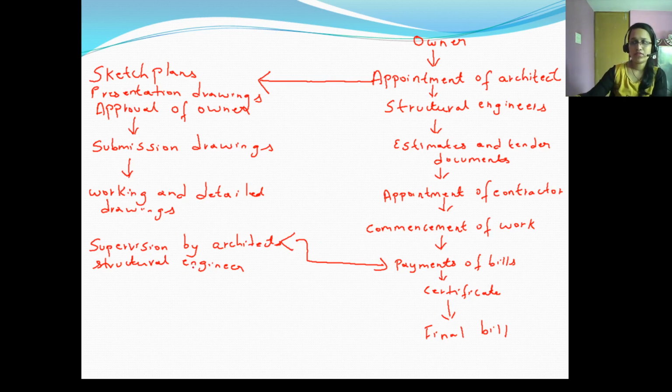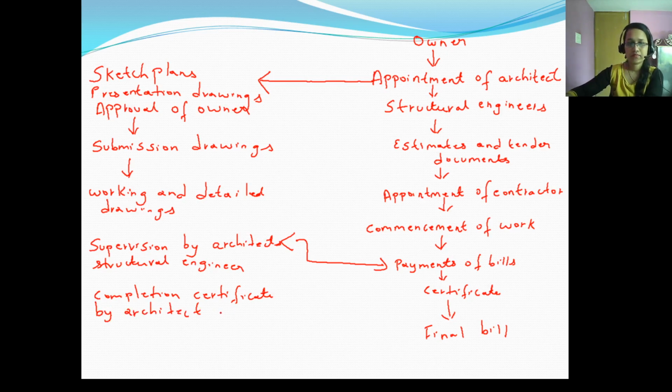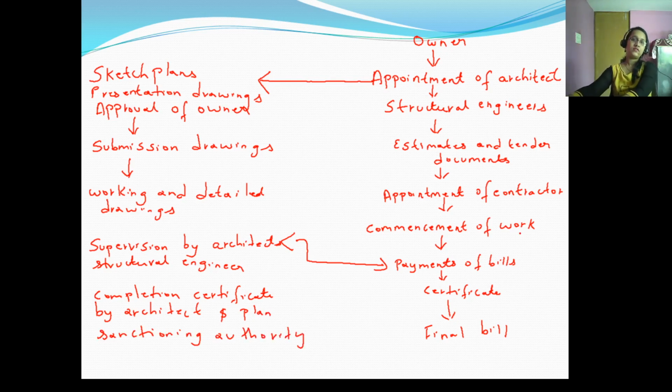Then the completion certificate is issued by the architect and plan sanctioning authority. So this is a flow chart showing the stages in construction.